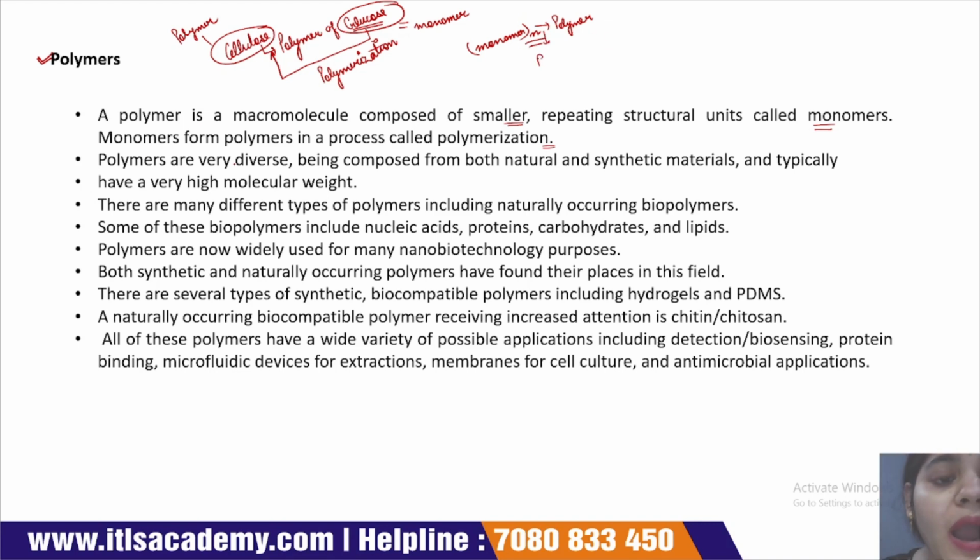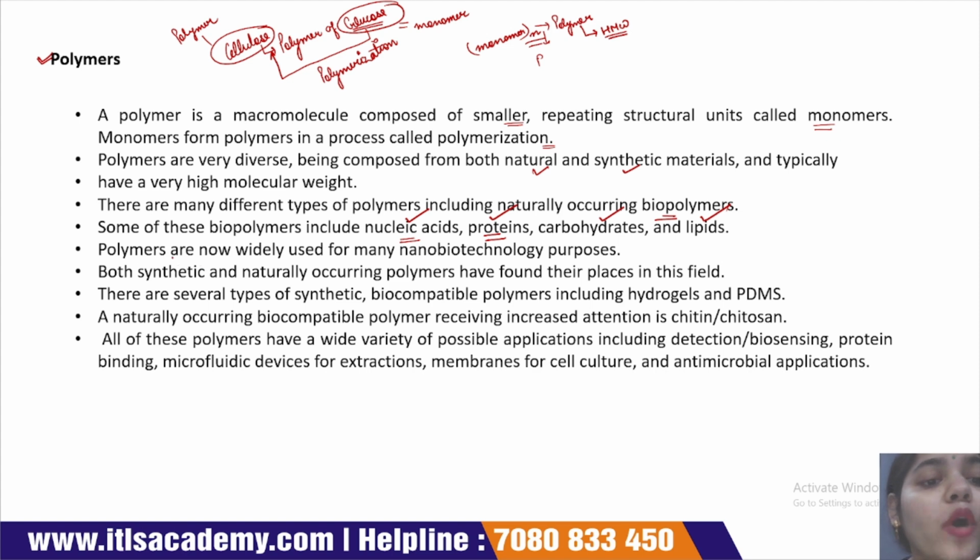Okay, polymers are very diverse, being composed of both natural and synthetic materials, and polymers have a high molecular weight. Okay, there are many different types of polymers, including naturally occurring biopolymers. Examples of some polymers are nucleic acid, protein, carbohydrate, lipid. Nucleic acid is a polymer of nucleotides. Protein is a polymer of amino acids.